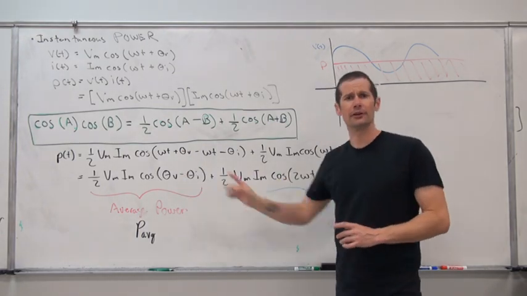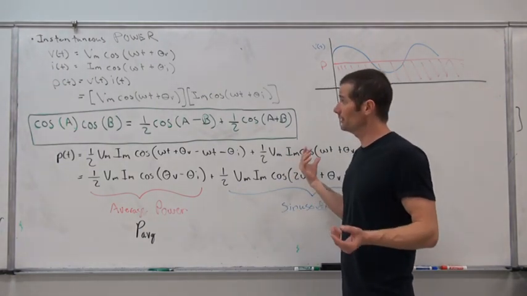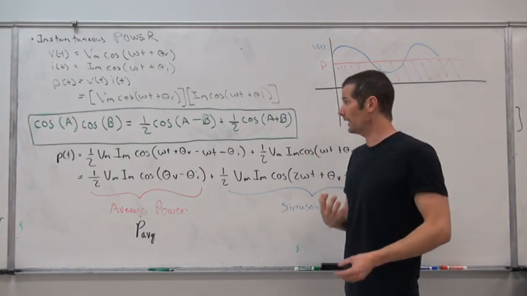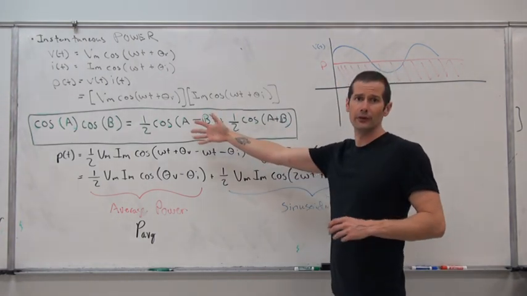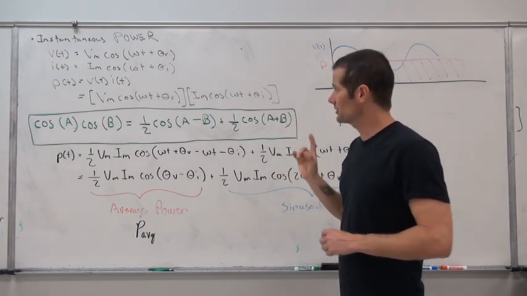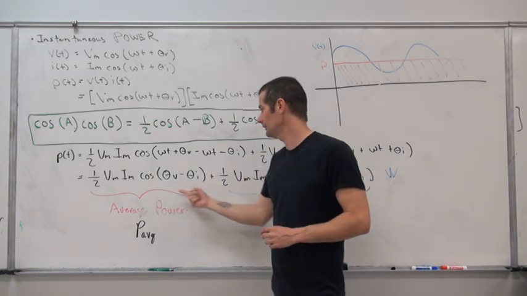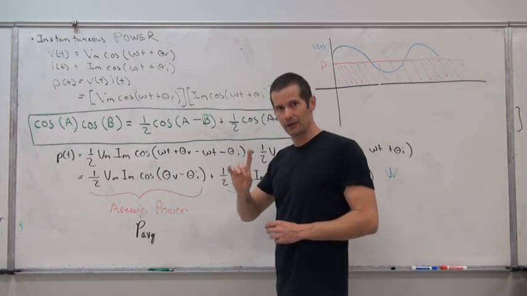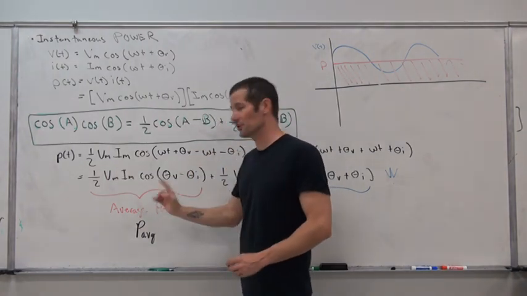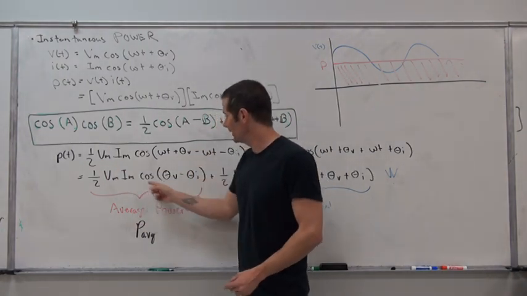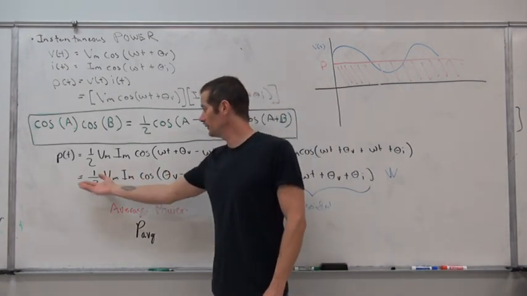This is what we really concern ourselves with, because if we already have a method of multiplying and dividing cosines, then we don't need to keep going back and forth to this. The only thing we need to make sure we do is provide a method that maps directly to this portion of the instantaneous power, that DC offset, that average power, 1/2 VmIm cosine(θv − θi).